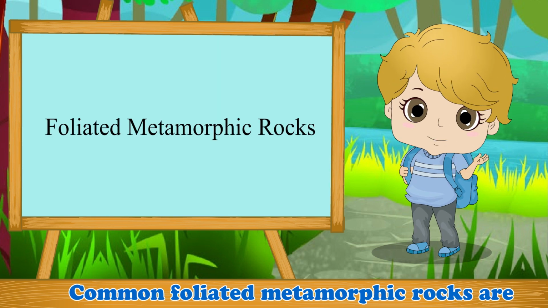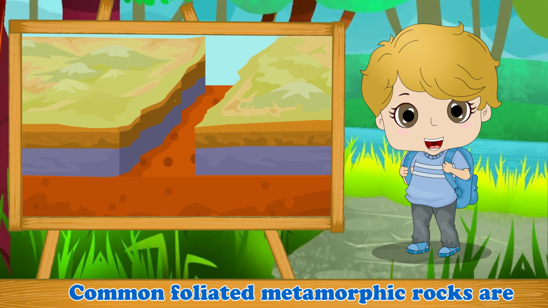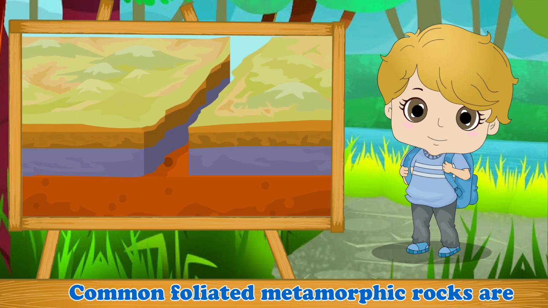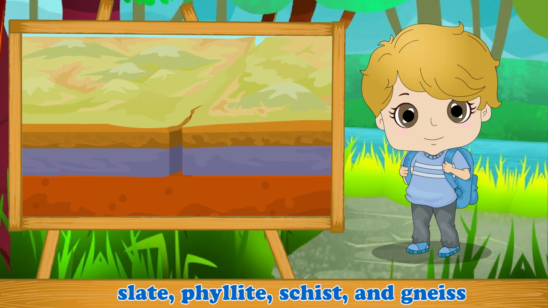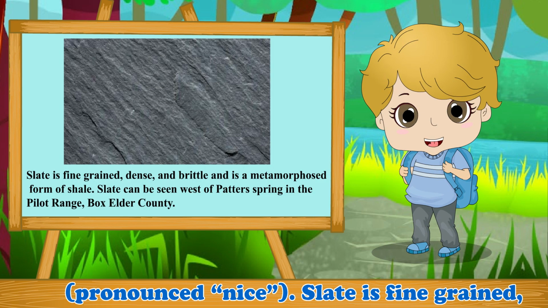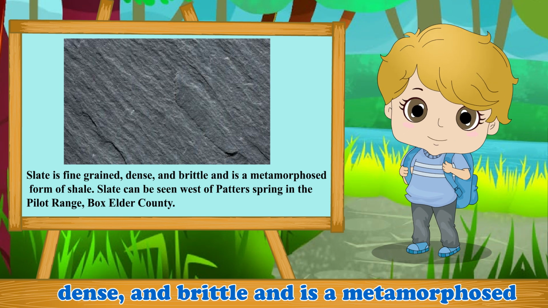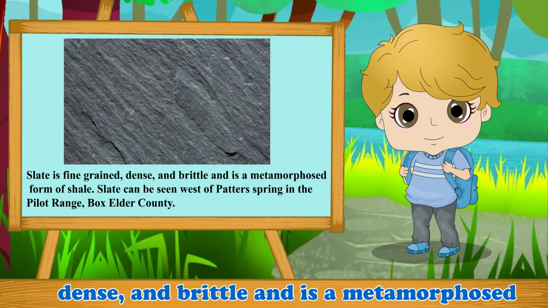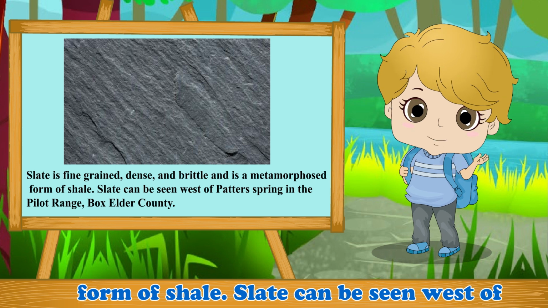Foliated metamorphic rocks. Common foliated metamorphic rocks are slate, phyllite, schist, and gneiss. Slate is fine-grained, dense, and brittle, and is a metamorphosed form of shale.